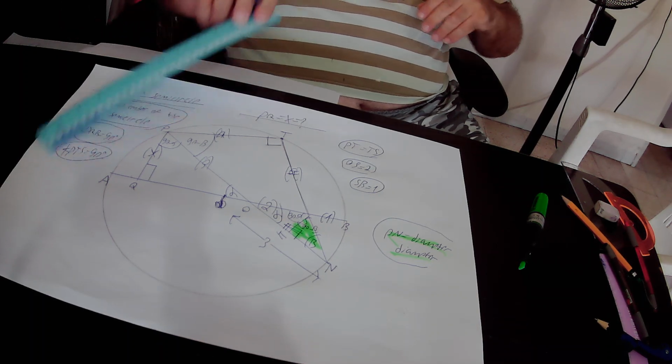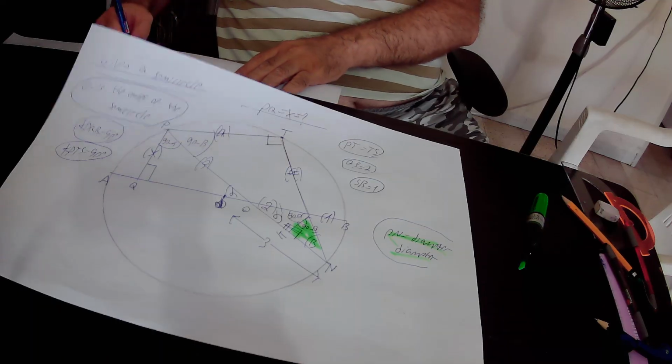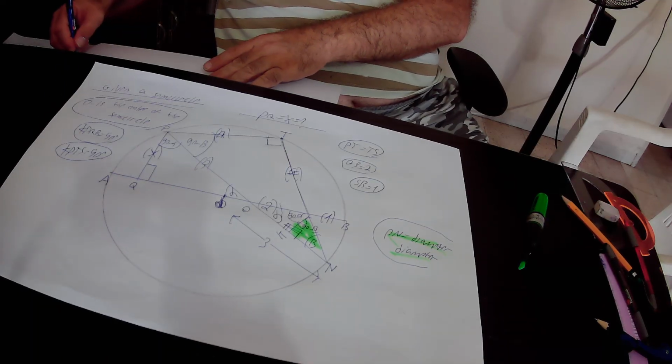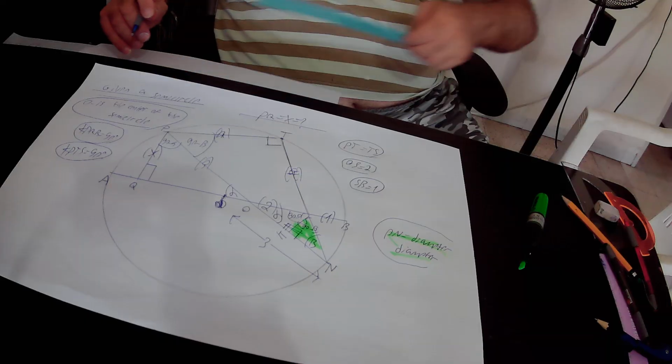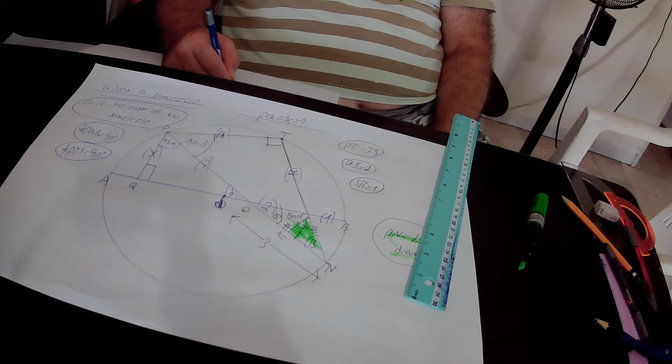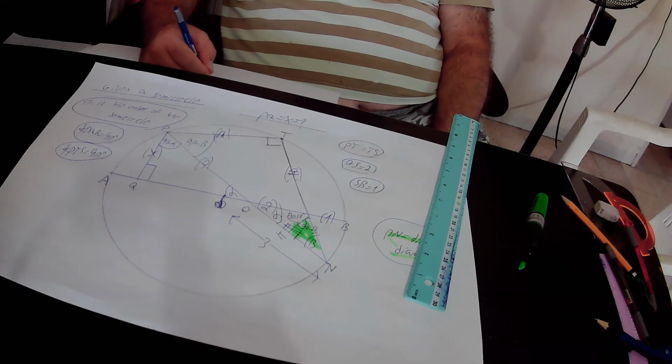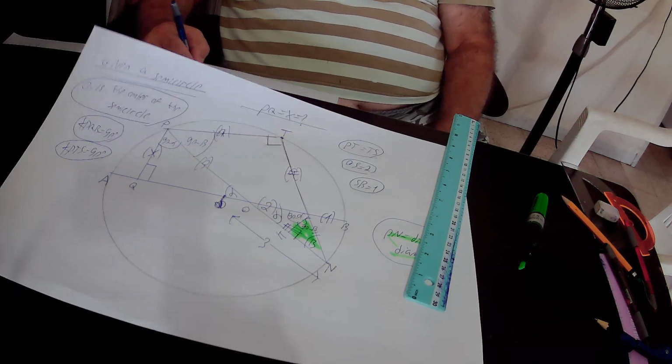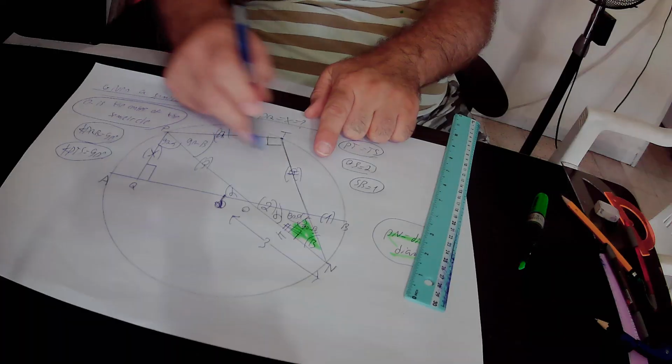And therefore, according to rule 15, the following equation will be true: TS times SN is equal to AS times SB.